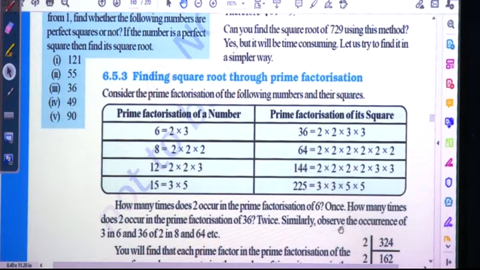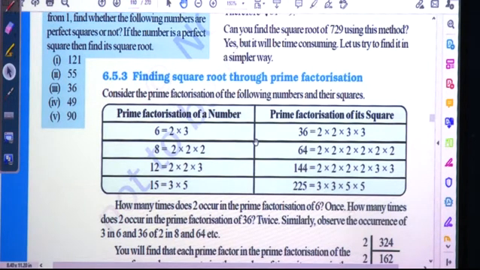Similarly, we can observe the occurrence of 3 in 6 and 36. In 6, 3 is occurring once. In 36, it is occurring twice. Similarly, 2 in 8 is coming 3 times.